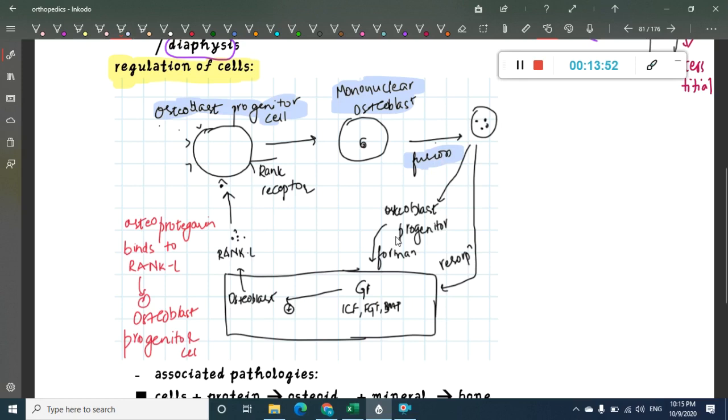This osteoblast progenitor will now activate the growth factors IGF, FGF (fibroblast growth factor), and BMP, and all these will again activate the osteoblasts. This osteoblast will again lead to RANK ligand, and this process will go again and again.